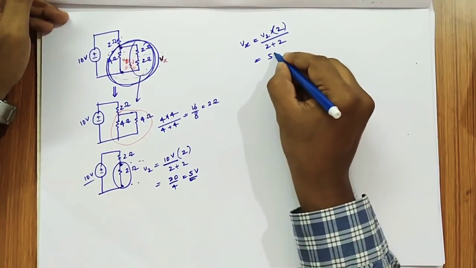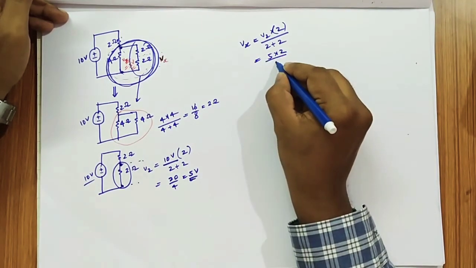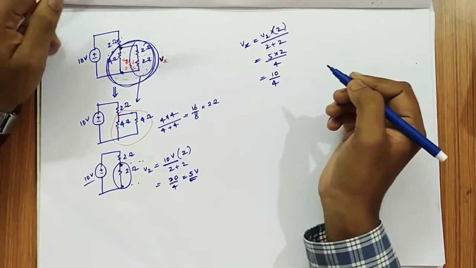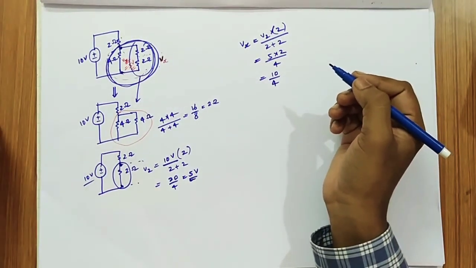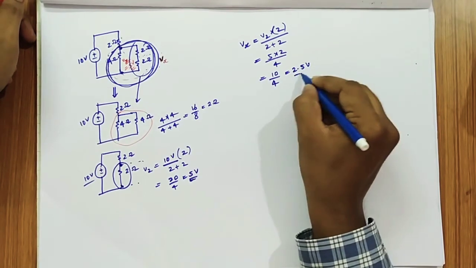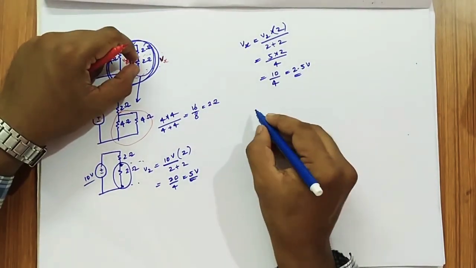So 5 into 2 by 4 gives 10 by 4, which is 2.5 volts. So the voltage across this 2 ohms is 2.5 volts.